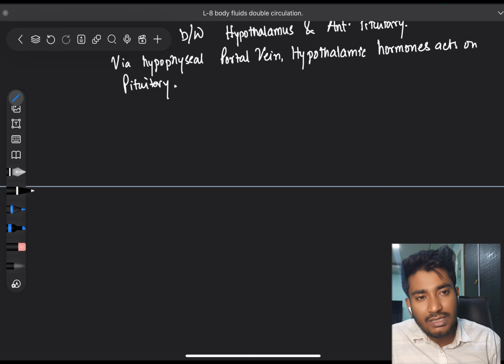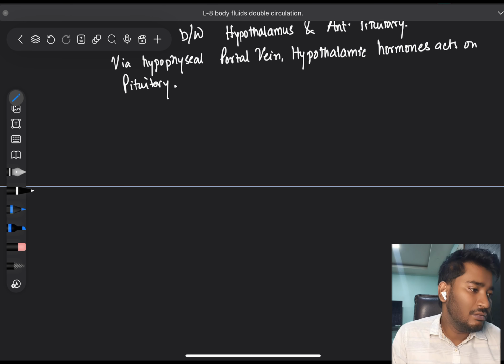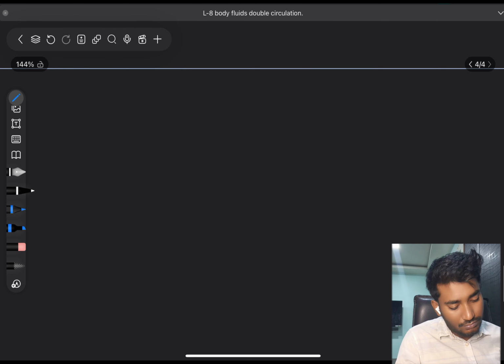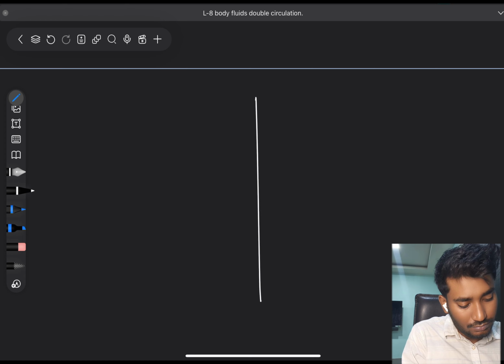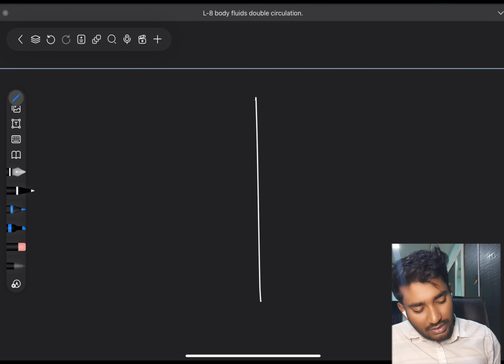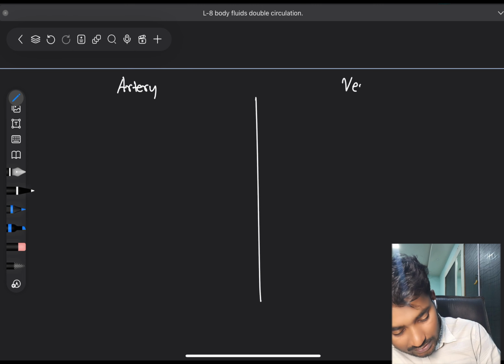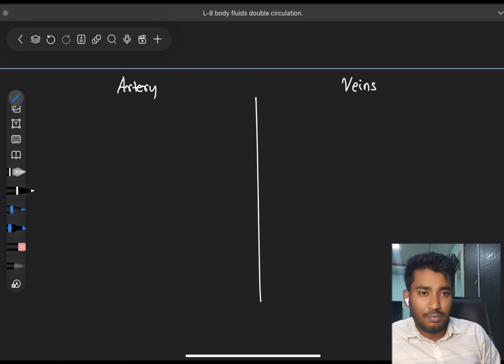Now I'm writing the difference between the artery and the veins. I'm writing the points of the arteries in red and veins in blue.